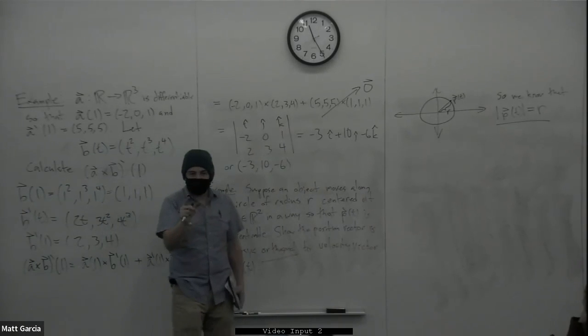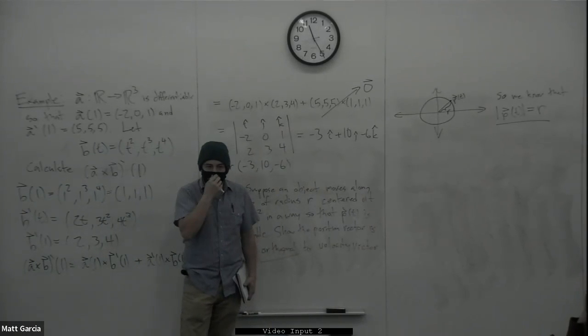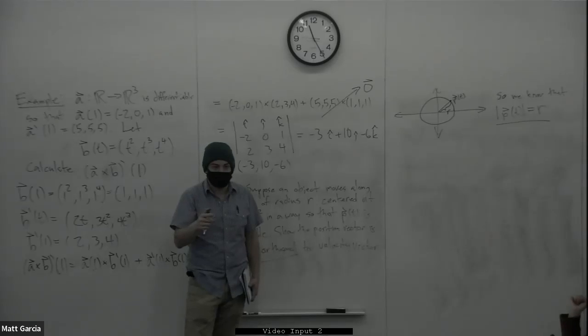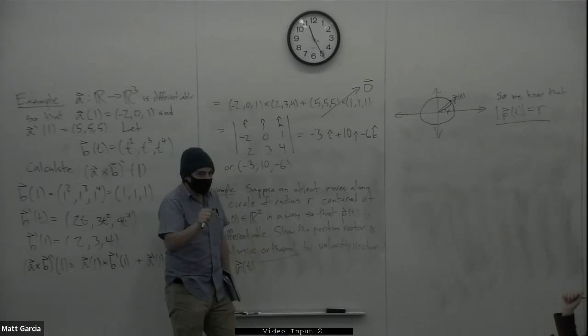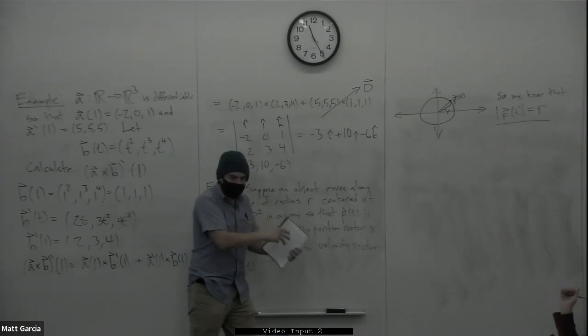So that would be a scalar, right? Because the dot product is a scalar and the magnitude is a scalar. You're really close to the thing I'm driving at here.